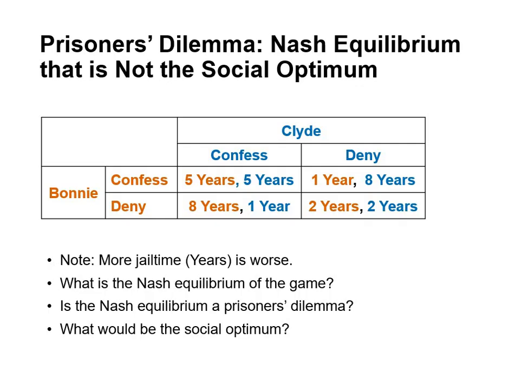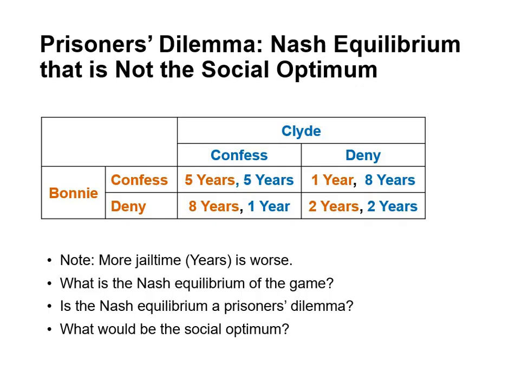Likewise, if Bonnie confesses while Clyde denies, Bonnie goes to jail for 1 year and Clyde would go to jail for 8 years. So the best situation would be for them to both deny that they robbed the bank, and in this case they still have to go to jail for 2 years. But deny would be the social optimum for Bonnie and Clyde.